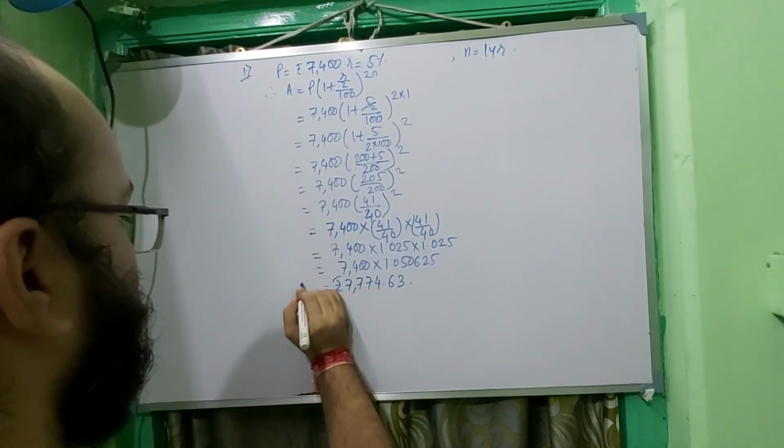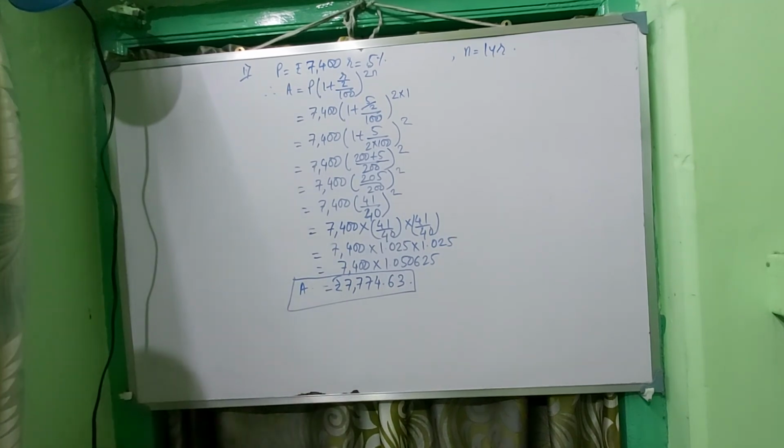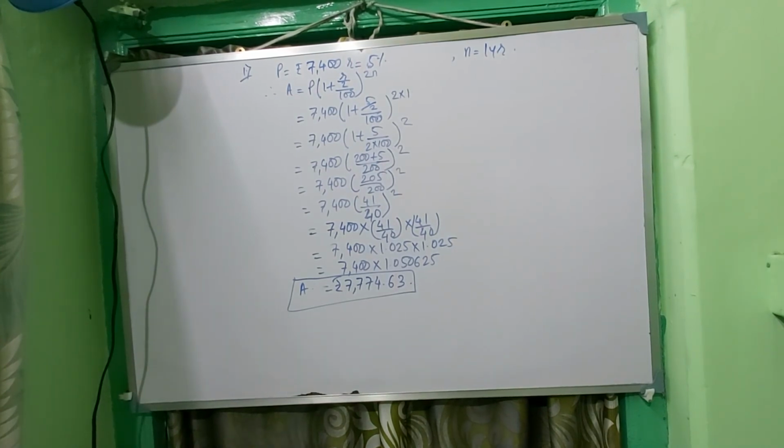That is the A, and that is all we require to calculate in the second sum. As it is for the half year, so you have to calculate for the half year. Half year means obviously it will be a different formula, r by 2 by 100 into 2n. So it is like that, 5 by 2. If you do it as 2.5, it will be rather complicated.